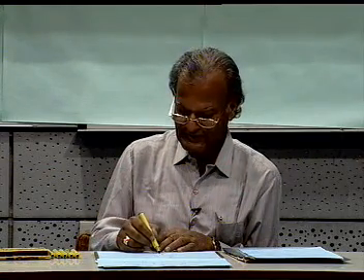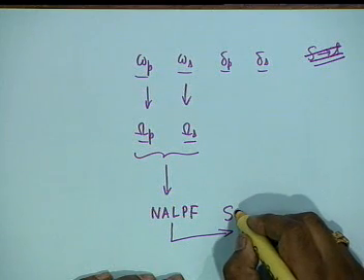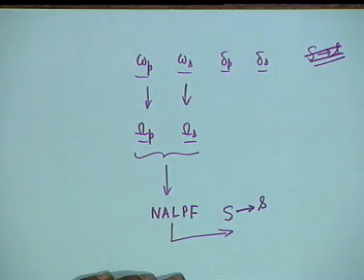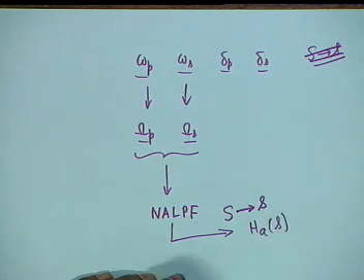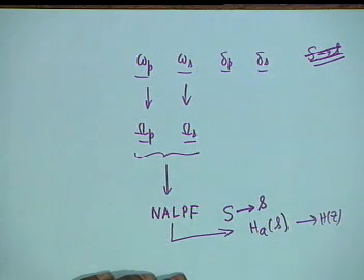From the normalized analog low pass filter, you use the transformation capital S to small s, and therefore you get HA of small s, and then you obtain the digital filter by using the bilinear transformation, S equal to 2 by T times 1 minus Z inverse by 1 plus Z inverse. This is the procedure.